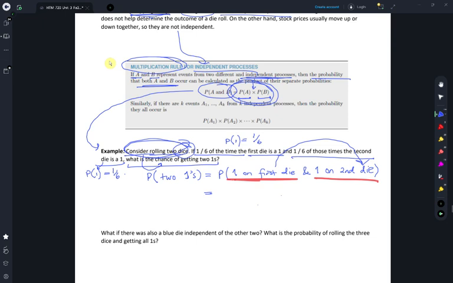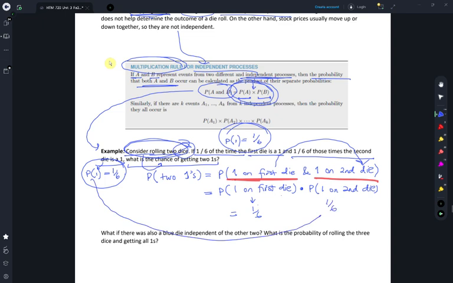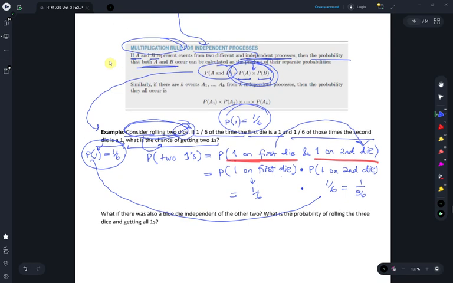The probability of 1 on the first die is 1/6, multiplied by the probability of 1 on the second die, which is also 1/6. Multiply them together: 1 times 1 is 1, and 6 multiplied by 6 is 36.